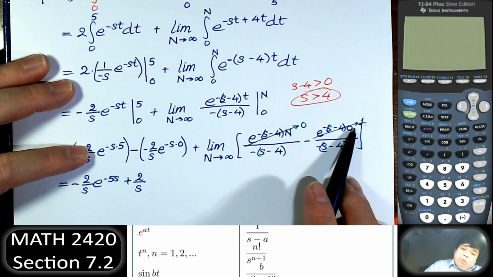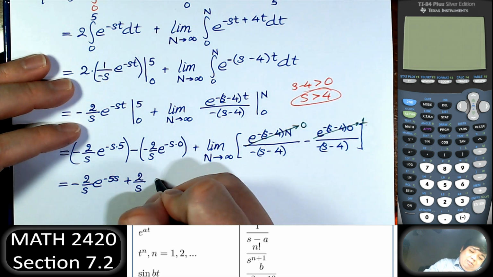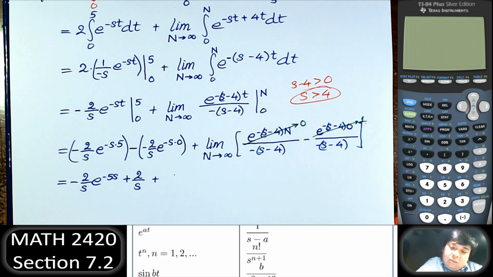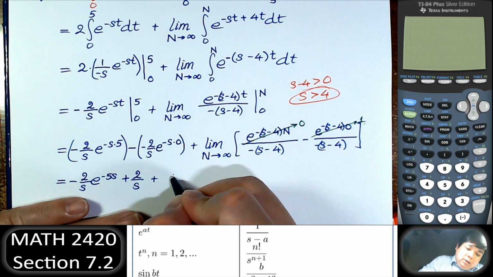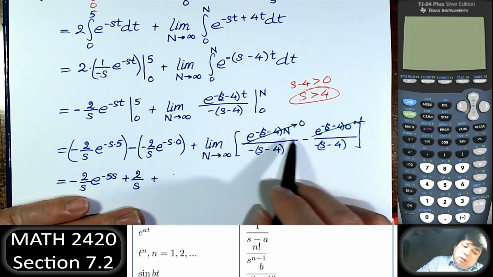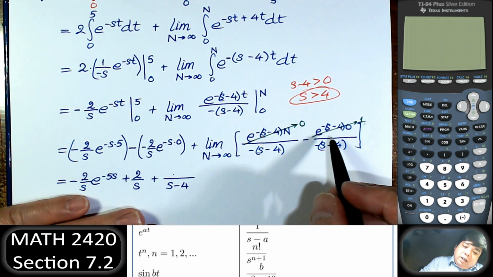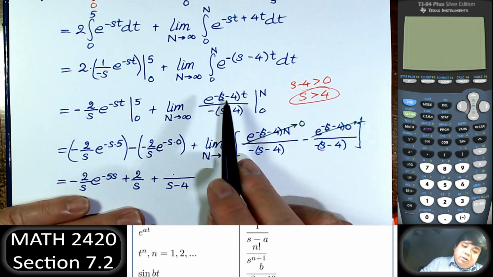Now we have no more n, we just have 1 over negative negative. So negative negative, so that is 1 over s minus 4, and then we put 0 in for t, so that's 0.